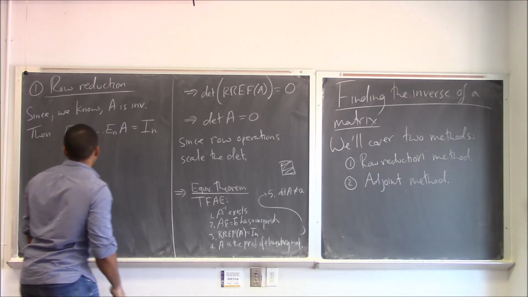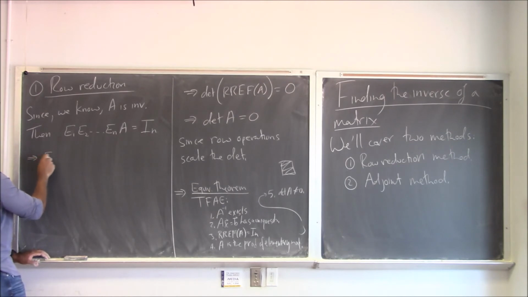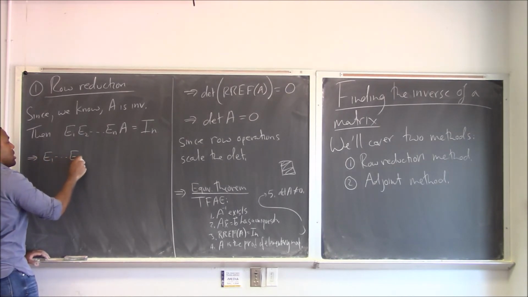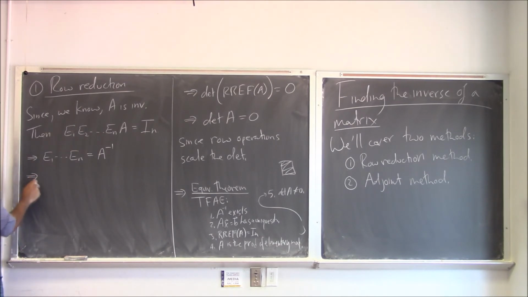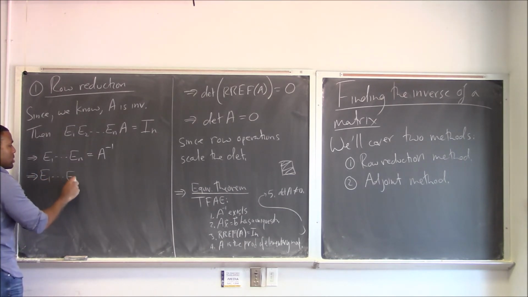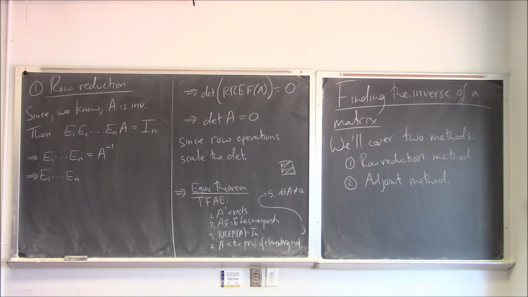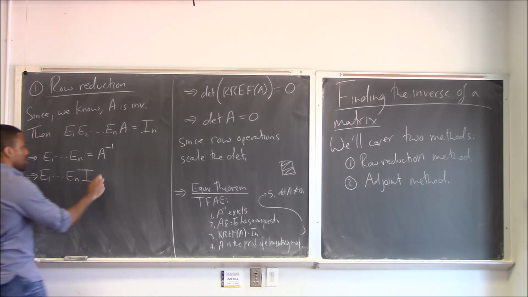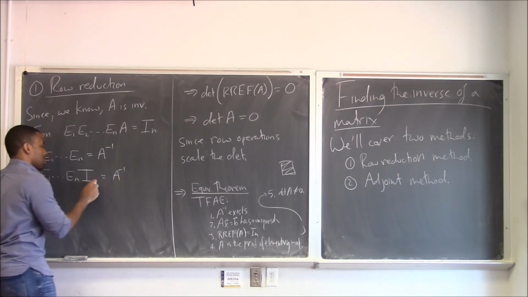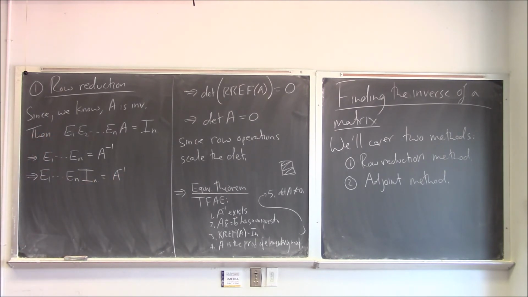This means that E1 up to En is the inverse of A. I'm going to throw something in here, but it's not wrong to say it. It's going to be the basis of our method. I can just say this is multiplied by I, which doesn't change the answer.